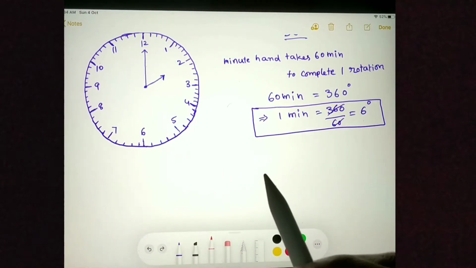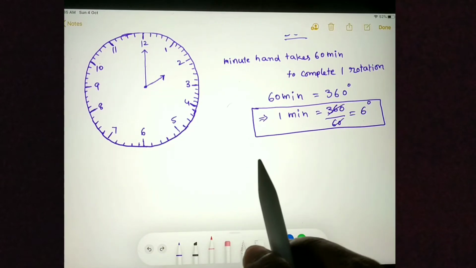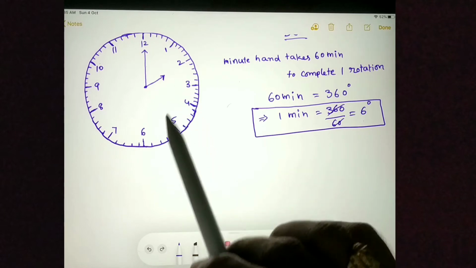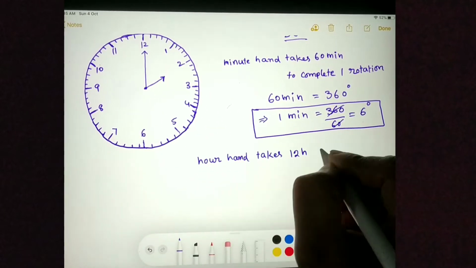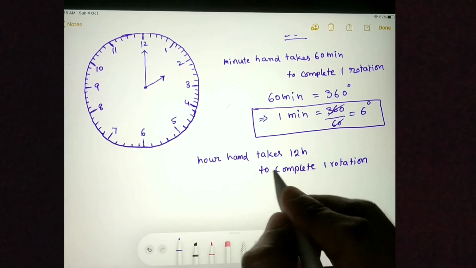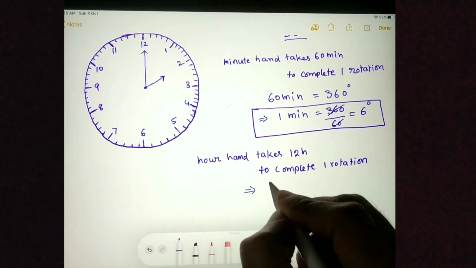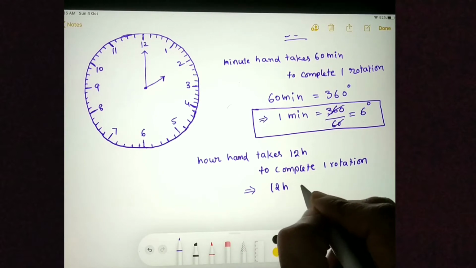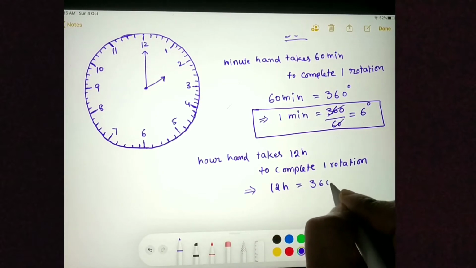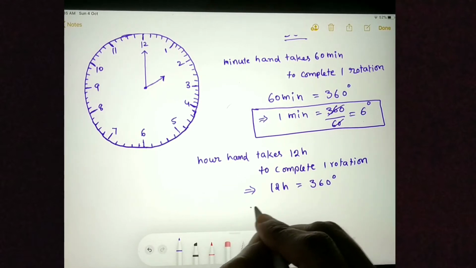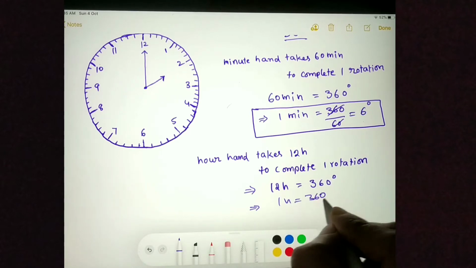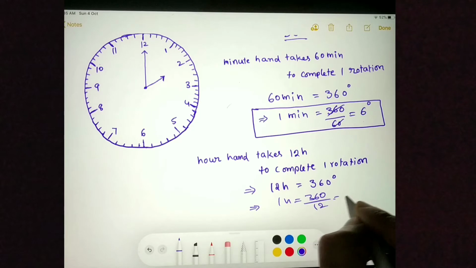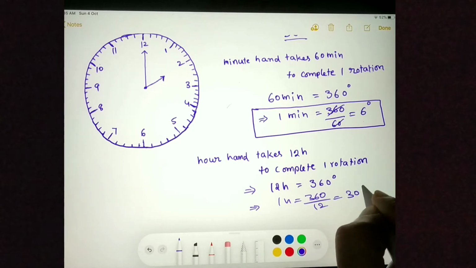Let's move on to the hour hand. Hour hand takes 12 hours to complete one rotation. It means in 12 hours our hand completes 360 degrees. In 1 hour how much can it complete? 360 by 12, that's nothing but 30 degrees.